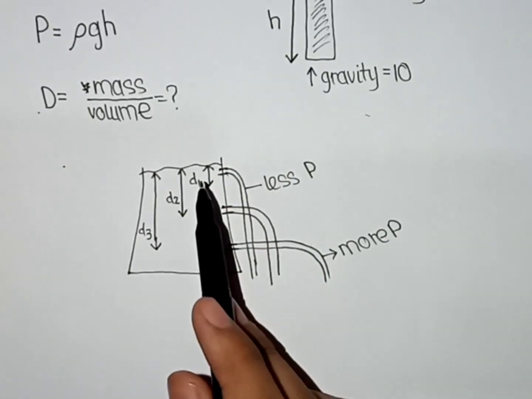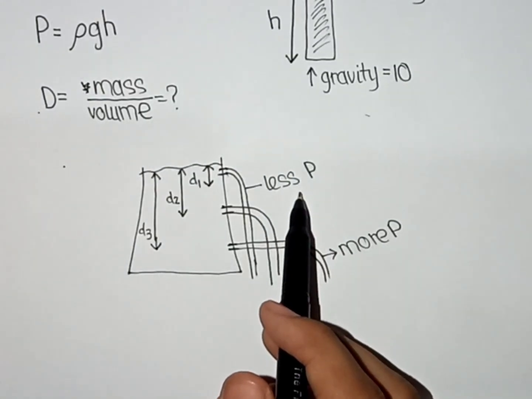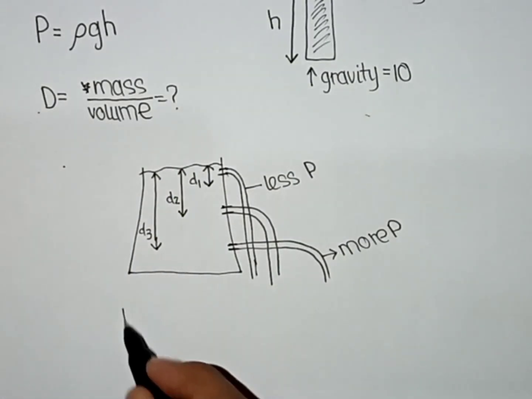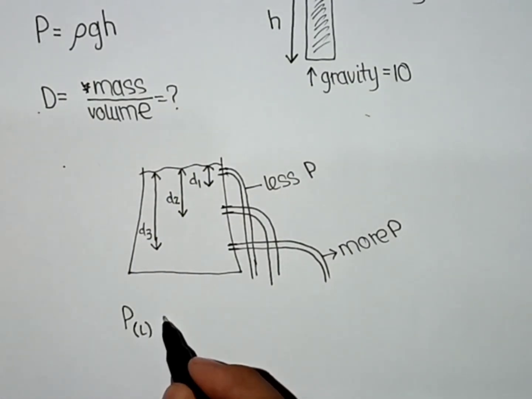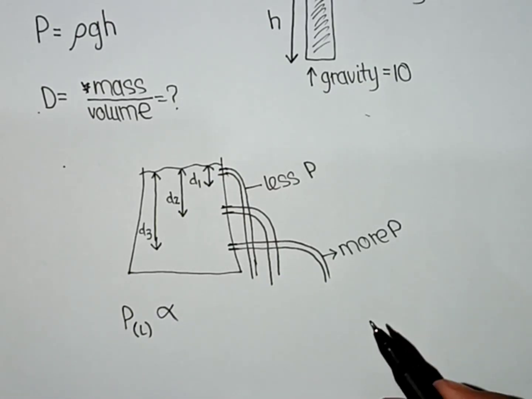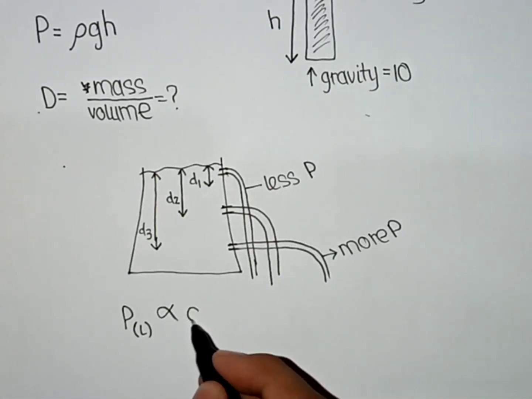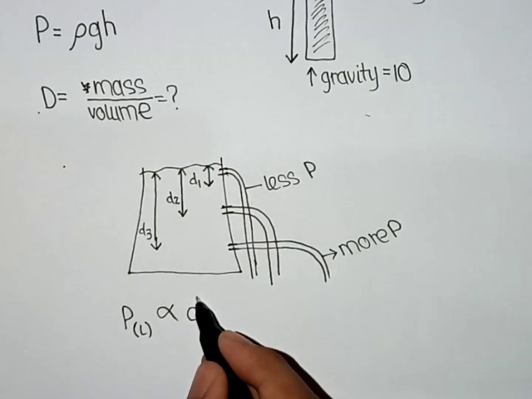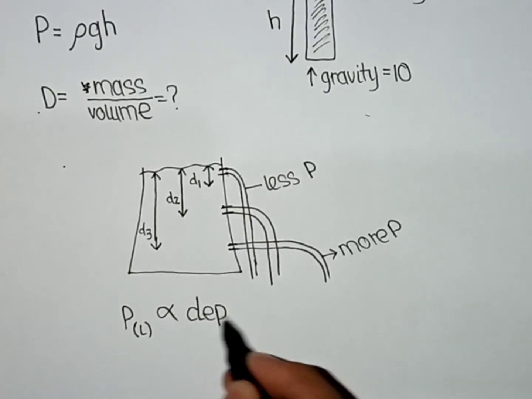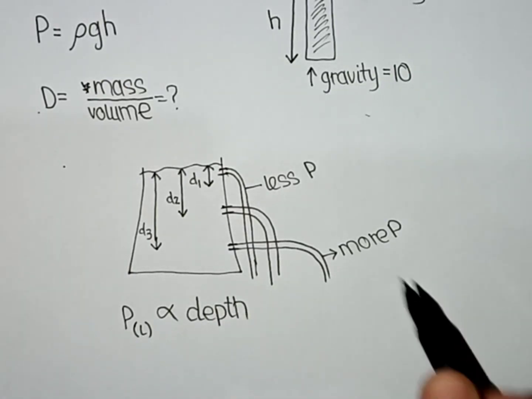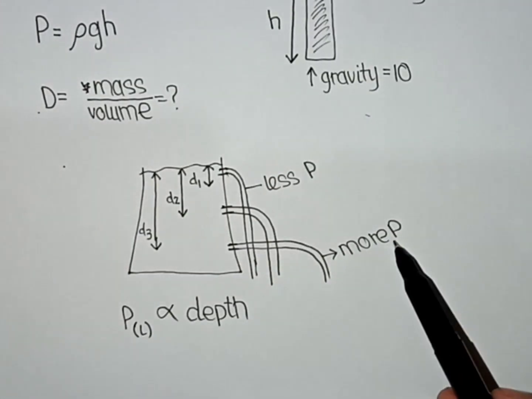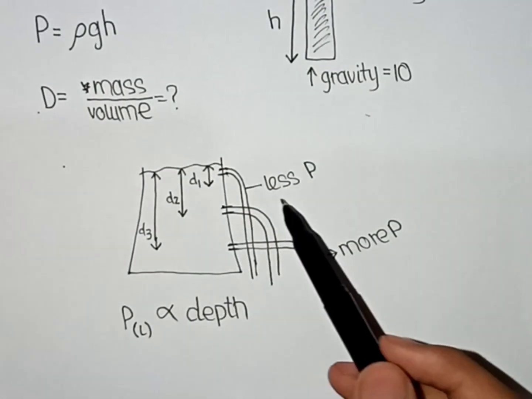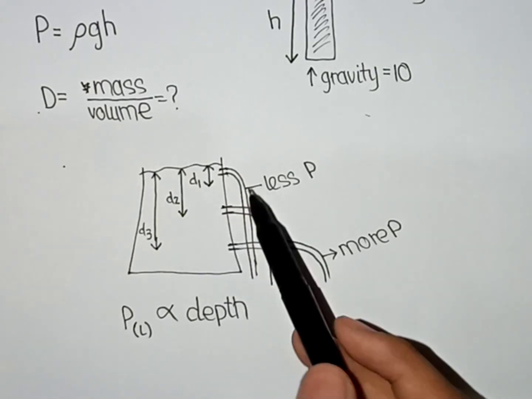If the depth is low, the pressure will be less. So we can understand that pressure in liquid is directly proportional to depth. If there is more depth, there will be more pressure. If there is less depth of the liquid, there will be less pressure.